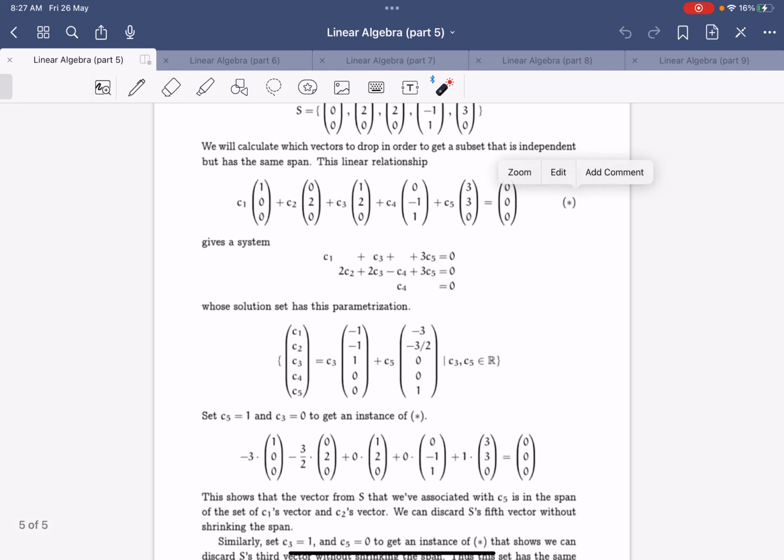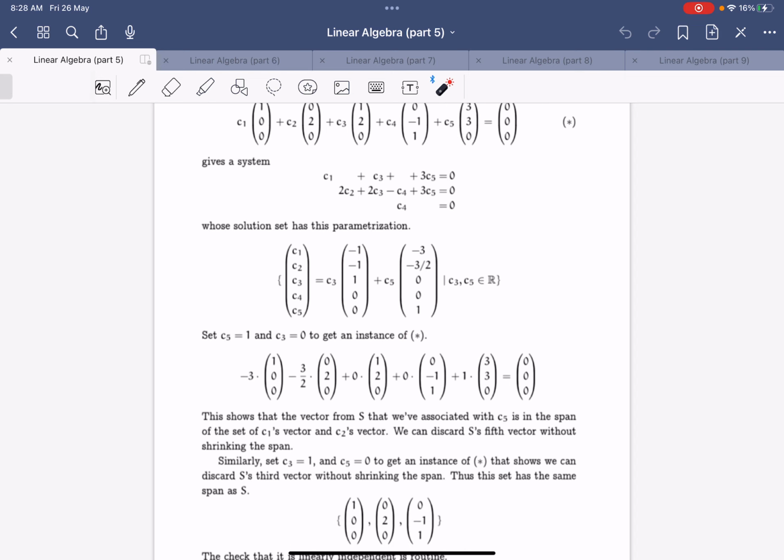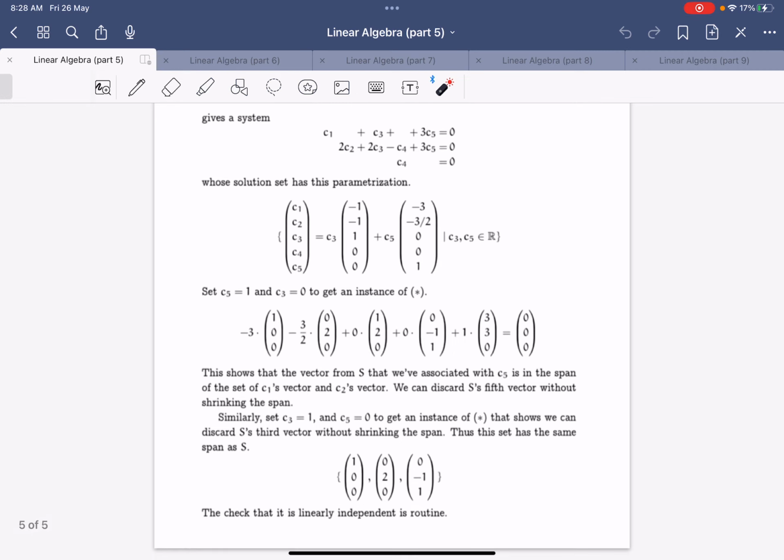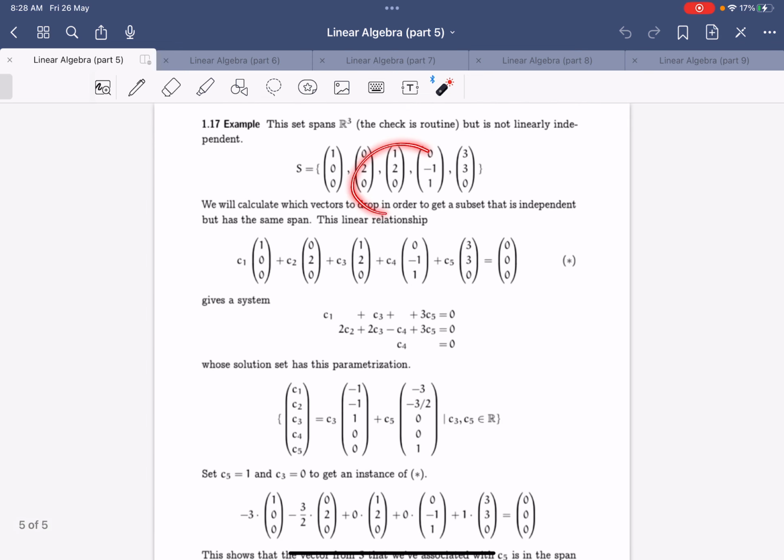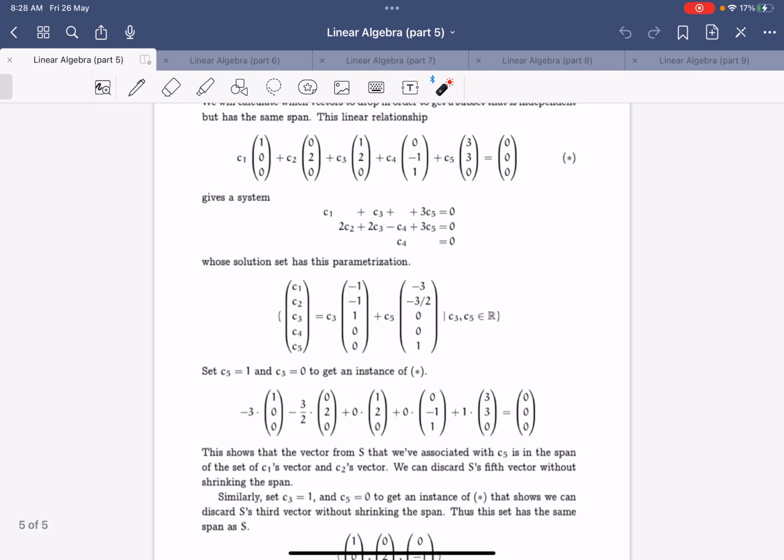So once you solve for this system, then you see that the solution set is as the following. And if we set C5 equal to 1 and C3 equal to 0, then we get this linear equation to hold. And so this shows that this set is not linearly independent already.